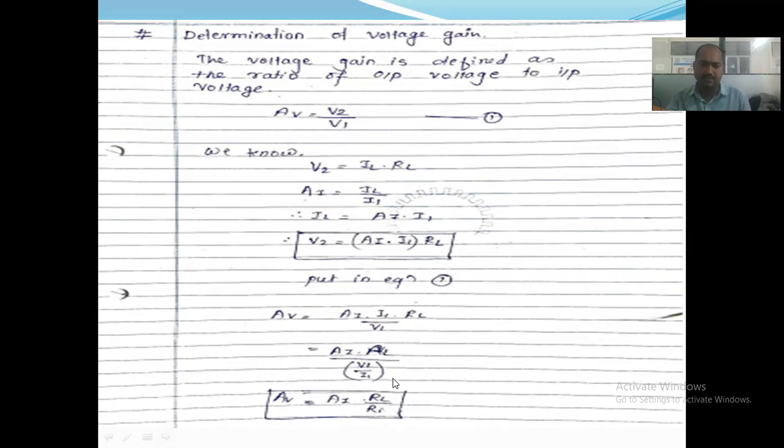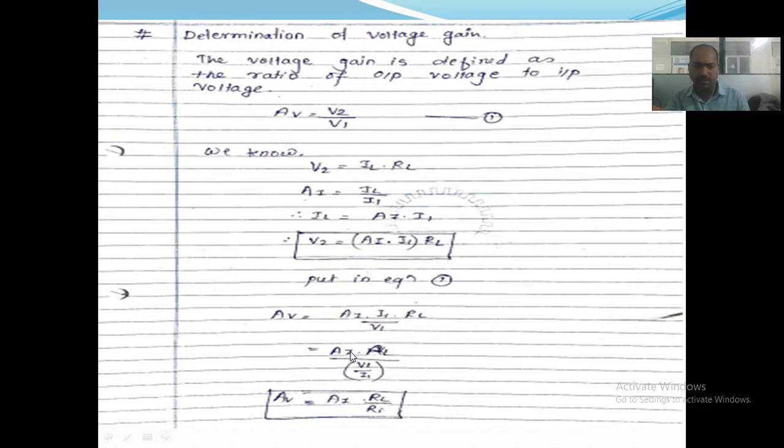Whatever value we have got for V2 is equal to AI into I1 into RL. This is the value of V2. Whatever value of V2 we have got, that should be put into equation 1, right? So Av equal to AI into I1 into RL divided by V1 as it is. RL is taken as it is, and I1 goes below.